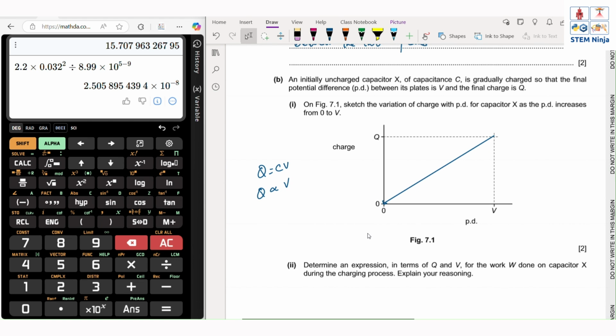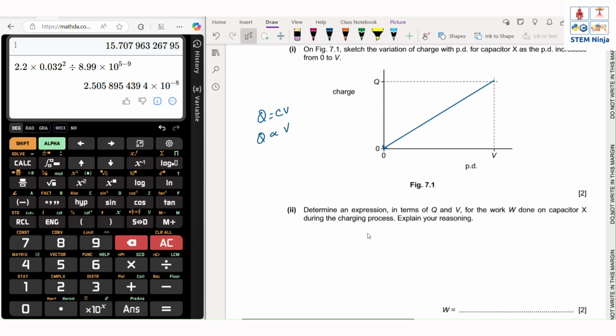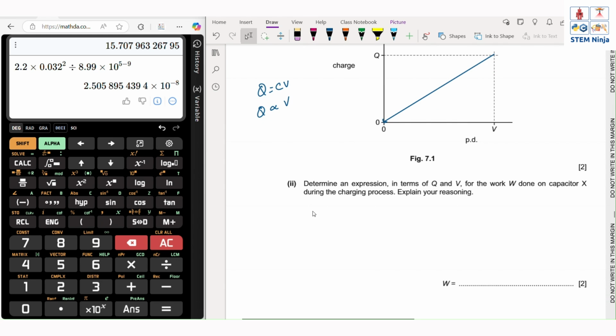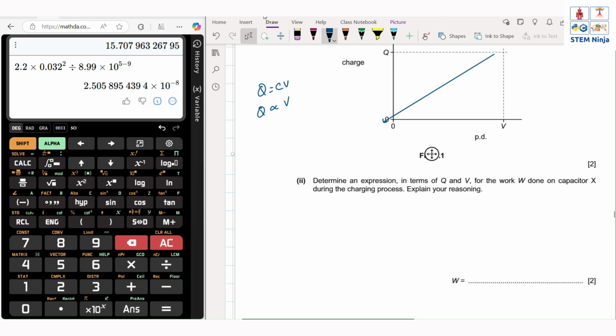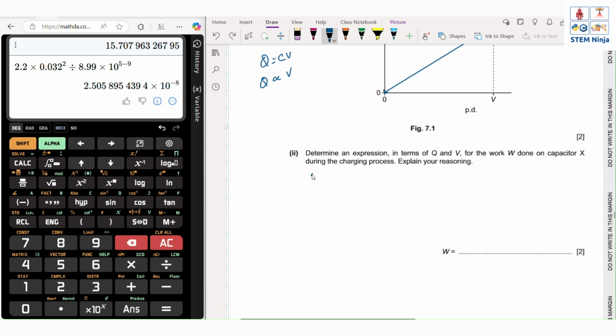Right, okay. Determine an expression in terms of Q and V for the work done on the capacitor X during the charging process. So work done would be the area under the QV graph, so simply half times QV.